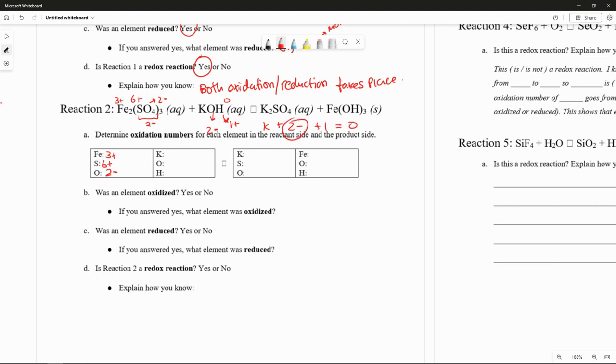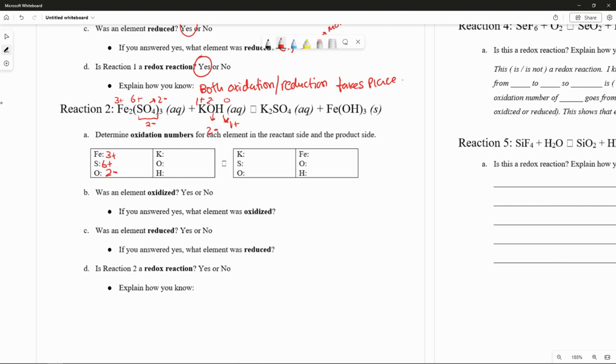So 2 minus and a positive 1 makes it K minus 1 equals 0. So therefore, we know then K equals 1 plus as our oxidation number. So just delete that. So then we know K is 1 plus.